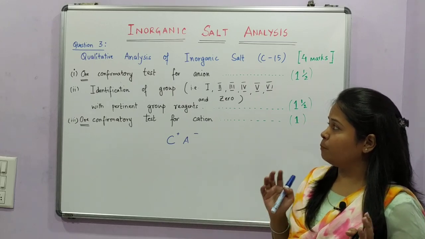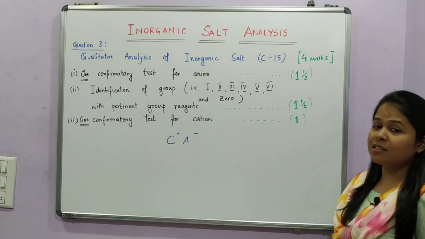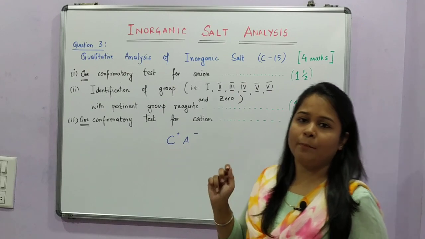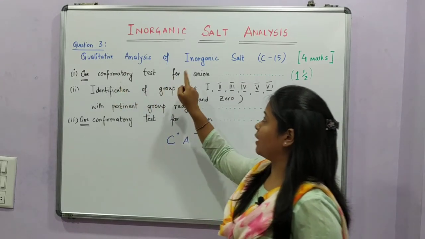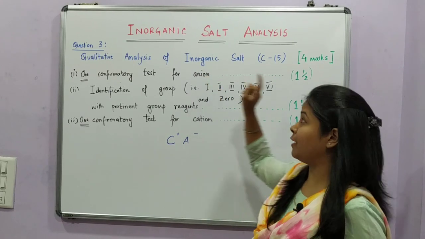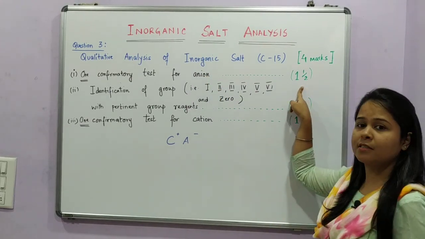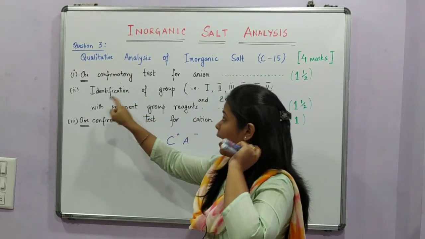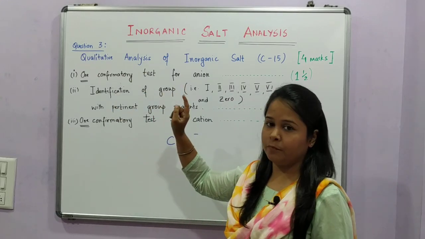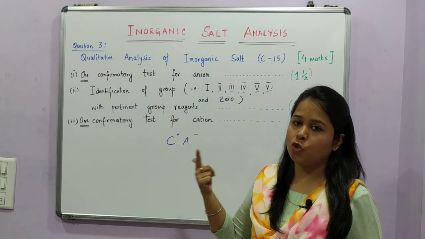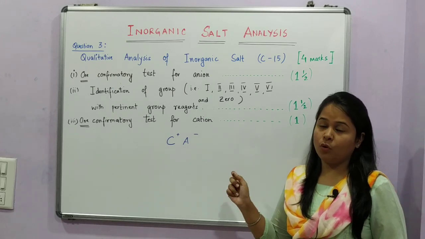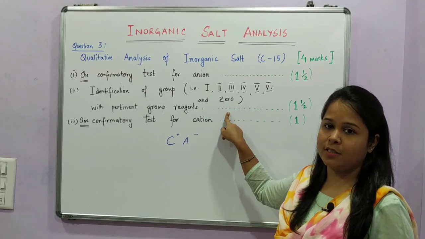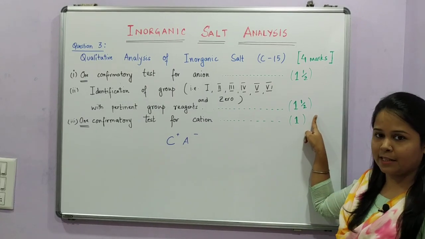The various broad categories, that is, the marks division prescribed by the board, are as follows. You have to mention one confirmatory test for the anion, which carries 1.5 marks. There would be identification of the group, that is group 1, 2, 3, 4, 5, 6 and 0, with pertinent group reagents, which carries 1.5 marks again.